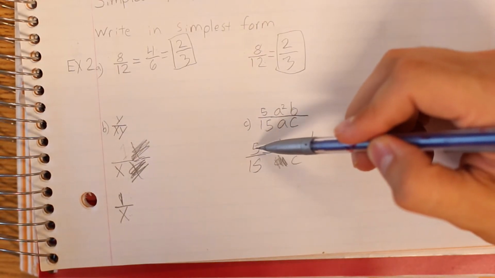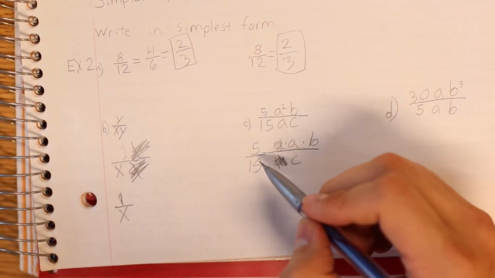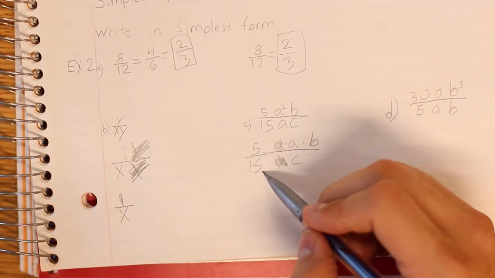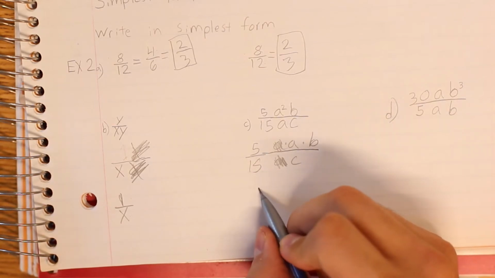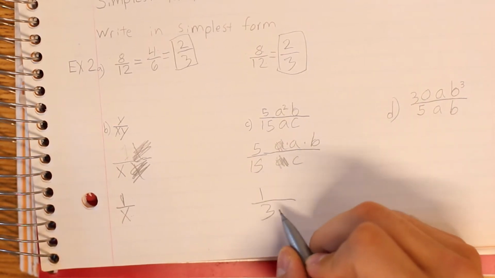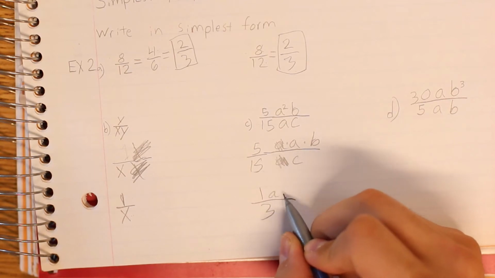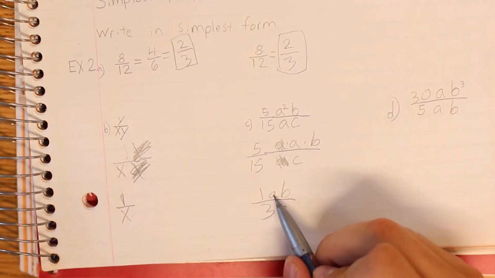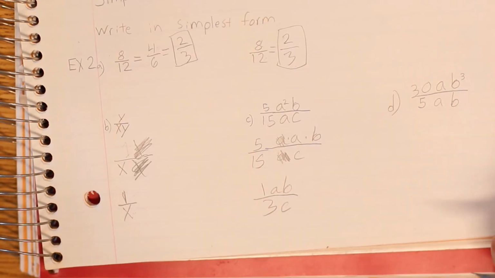Can this reduce? 5 over 15. I could be wrong, but I think that reduces to 1/3, doesn't it? Because 5 goes into 5 one time, 5 goes into 15 3 times. So I end up with 1, 3 on the bottom, the A is on the top, the B is on the top, and the C is on the bottom. So I have 1AB over 3C.